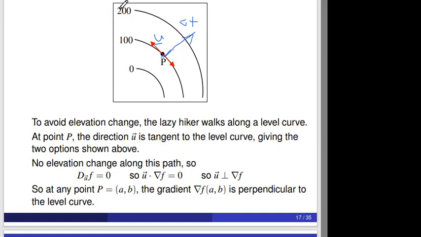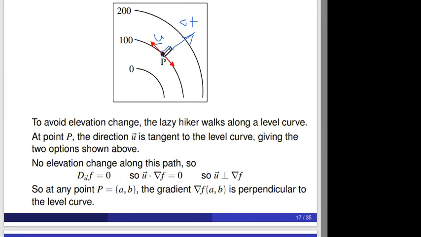Here f is increasing in this direction, always perpendicular to the level curve. Gradient of f, this is very important, is always perpendicular to the level curve. So if you draw a tangent, that tangent is perpendicular to the gradient of f.